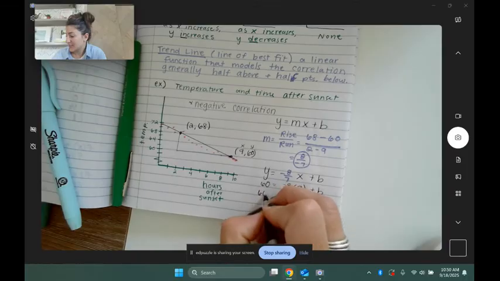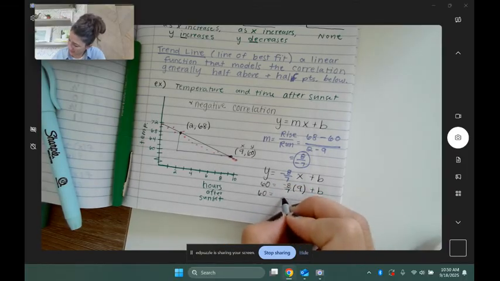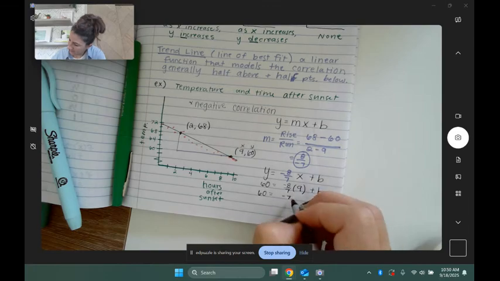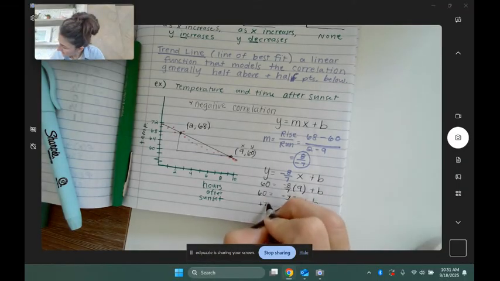So 60 equals negative 8 times 9 is negative 72 over 7 plus b. Add 72/7 to both sides to get b alone.